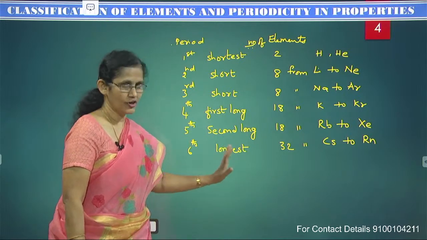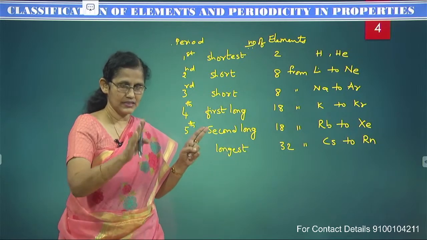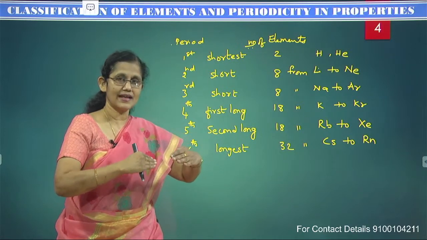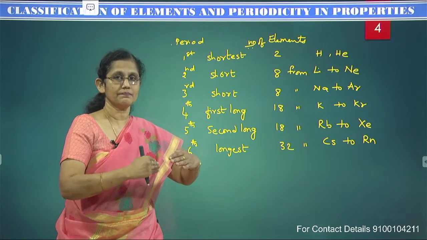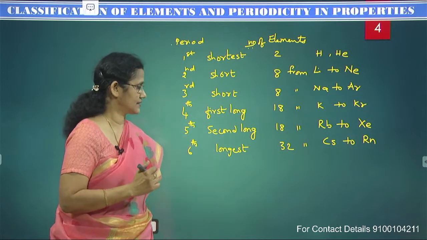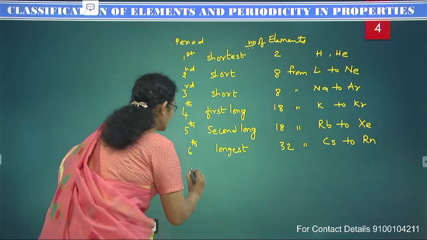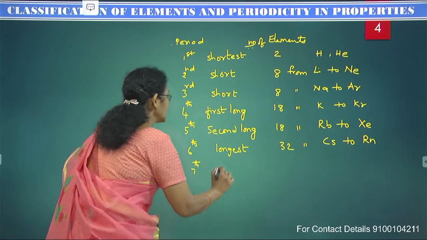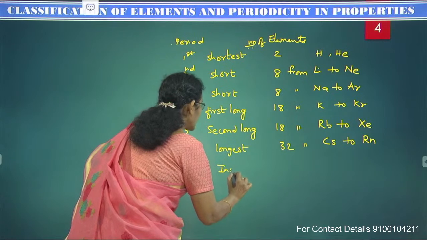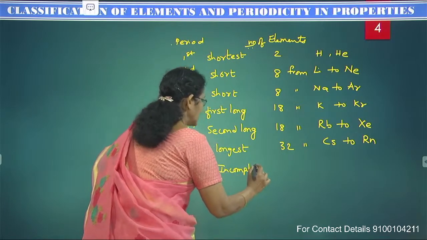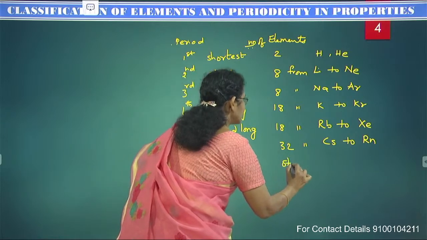The sixth period is longest: 2 elements in S block, 6 in P block, 10 in D block, 14 lanthanides. They should be placed along with lanthanum. So 32 elements, the longest period. Seventh period, incomplete. Starts with francium.